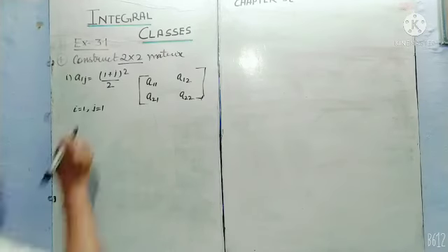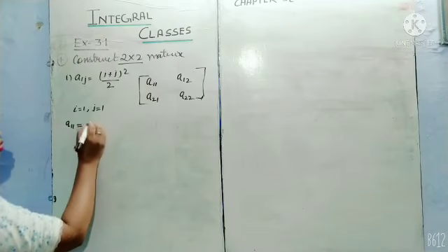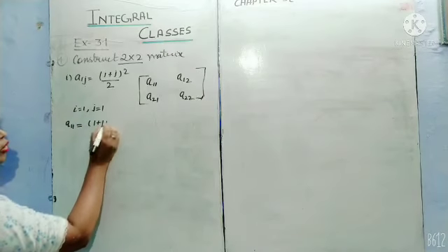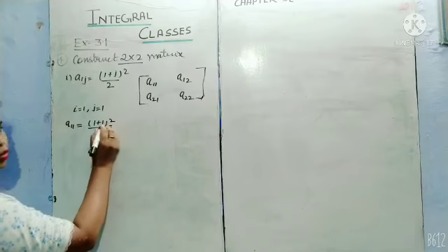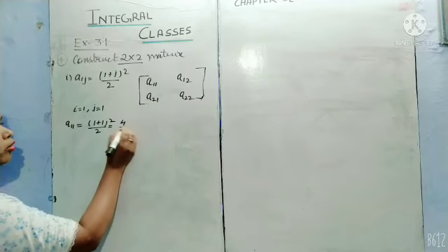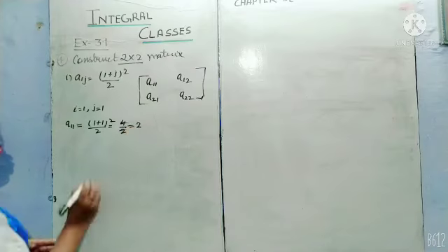So now we will get A11 equal to (1 plus 1) whole square by 2. It means 2 square 4 by 2. Therefore we will get 2.